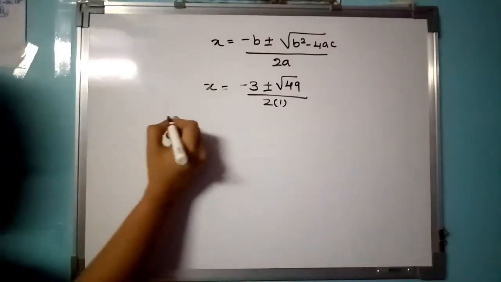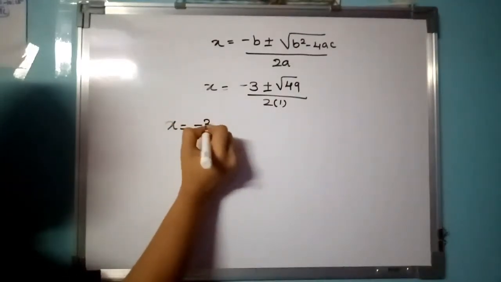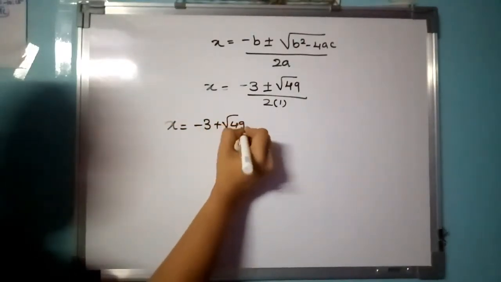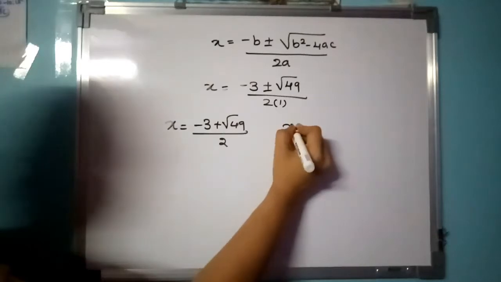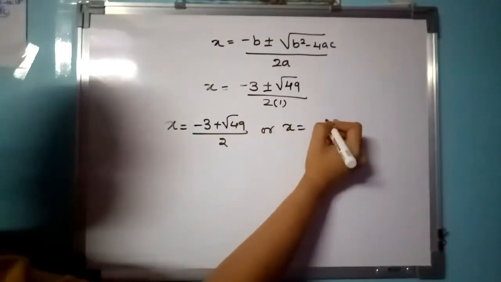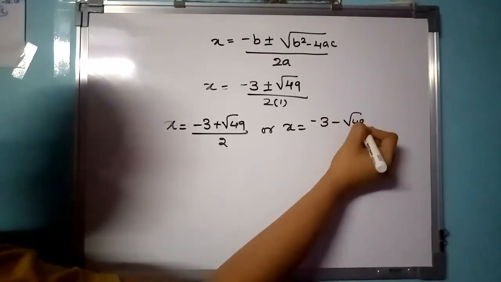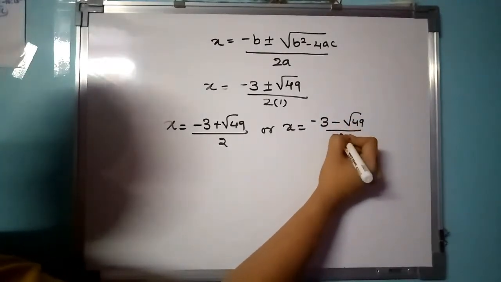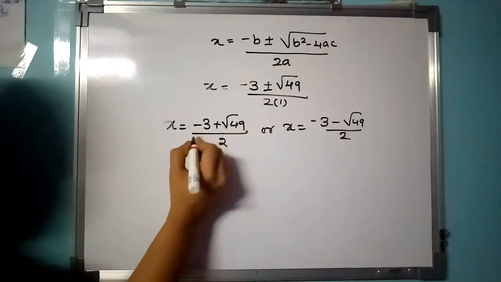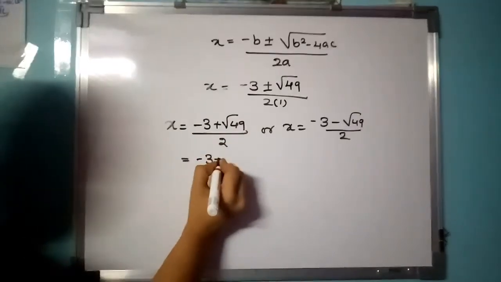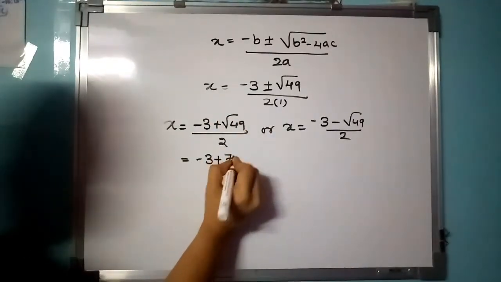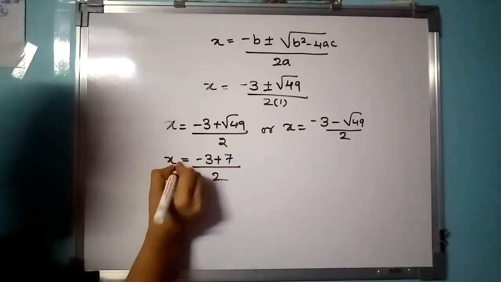These are the values. Therefore x is equal to minus 3 plus under root 49 upon 2, or x is equal to minus 3 minus under root 49 upon 2. Minus 3 plus under root 49 means 7 upon 2.